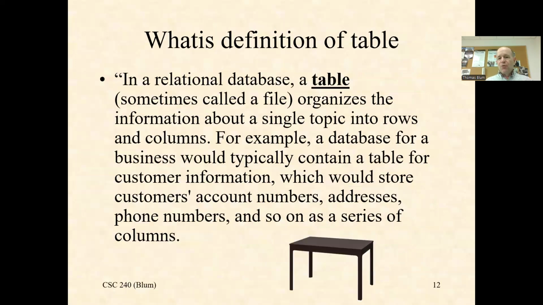Okay. So this idea, again, on the previous slide, I was referring to it as a file, but also a table. And this is this collection of rows and columns. So the row is all the information about different instances, John Smith, Mary Jones, and so on.